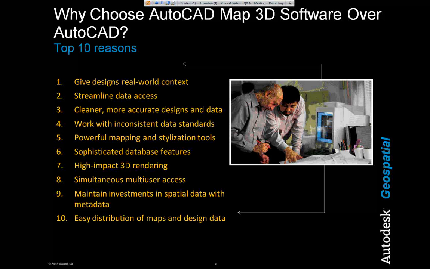And then finally, it's very easy to distribute what you do in Map 3D to the masses, and you can distribute through DWF, which is the Drawing Web Format. You can also easily publish out to MapGuide, and if you remember back to the donut, MapGuide was a tool that we used to distribute much information out to the web.